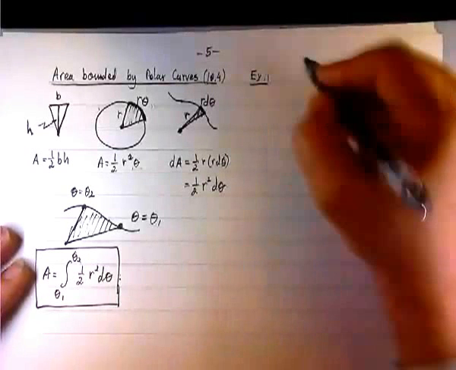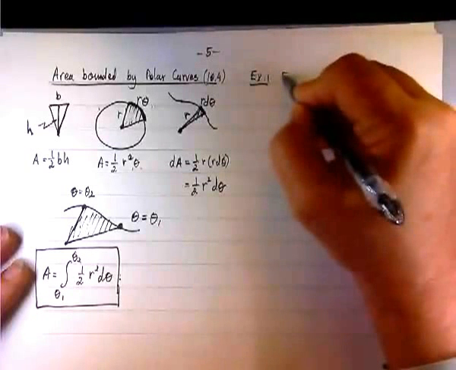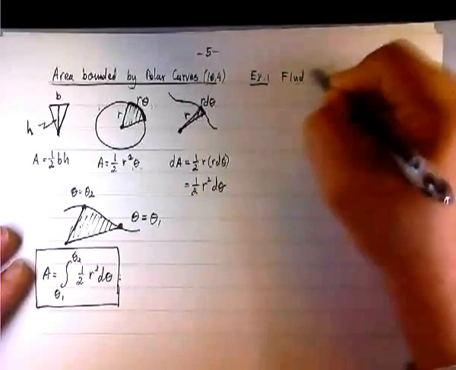So let's look at the first example here. We go back to the four-leaf rose, and we want to find the area of one leaf.